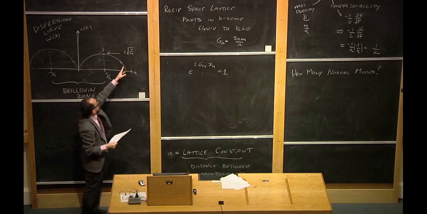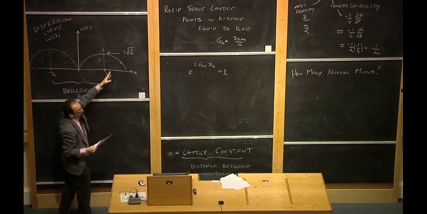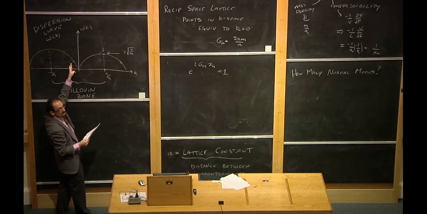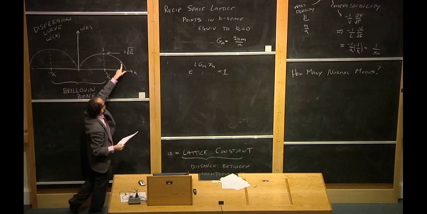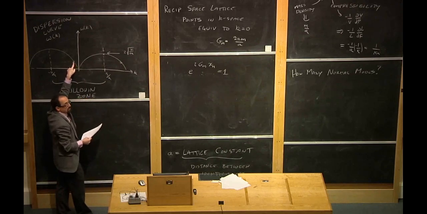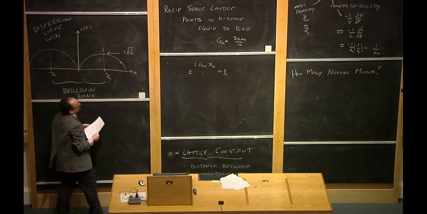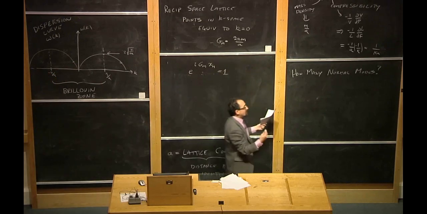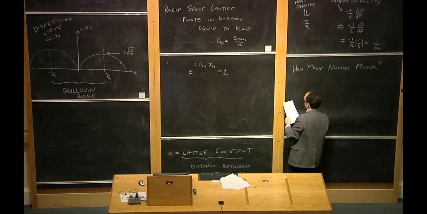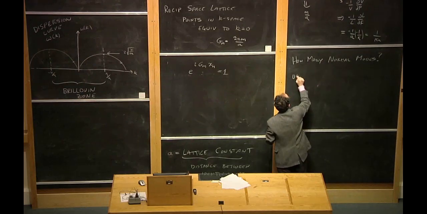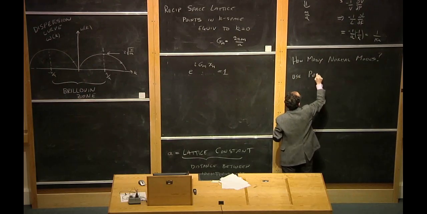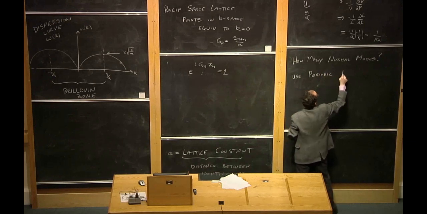If we go outside the Brillouin zone, we're describing something that's equivalent to another point inside it. If we pick this point here, for example, it's equivalent to this point here. So we only have to figure out how many modes there are within the Brillouin zone. We'll do the usual thing, use periodic boundary conditions.